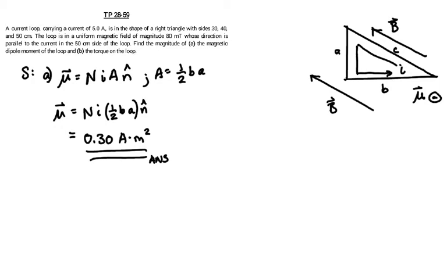So our current is measured in amps, so that's where those units come from. The number of turns is more or less unitless. It's just a number, and we assume that there's only one turn, so we only put a 1 in for that portion.